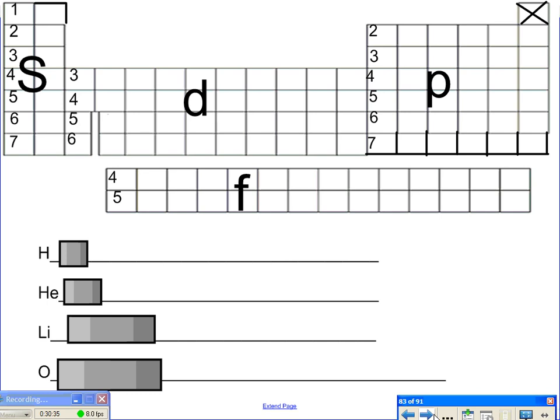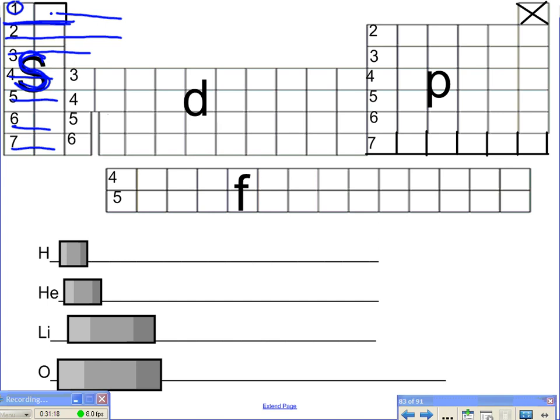Okay, so if we look at our periodic table, it's divided up into periods, or what are called rows. So if we look at them, here's 1, 2, 3, 4, 5, 6, 7. There are 7 different rows on the periodic table. Those are our energy levels. So we know the first energy level has an s sublevel, and it can hold 2 electrons.